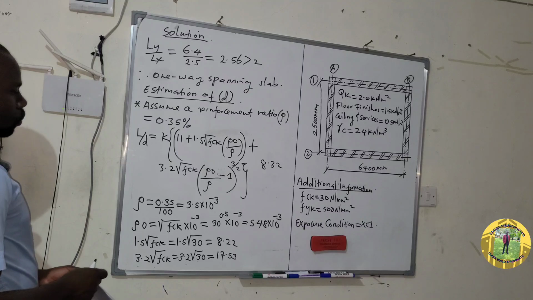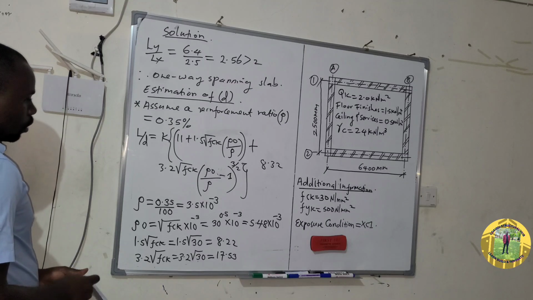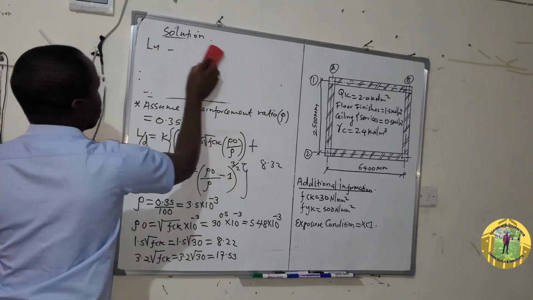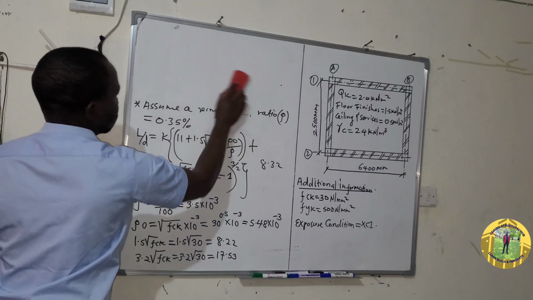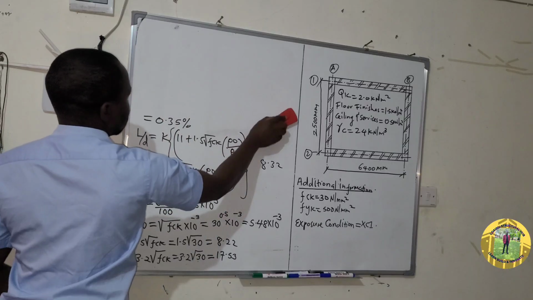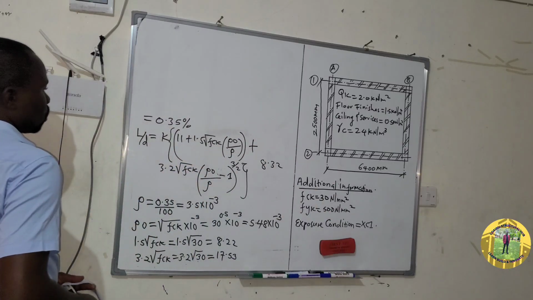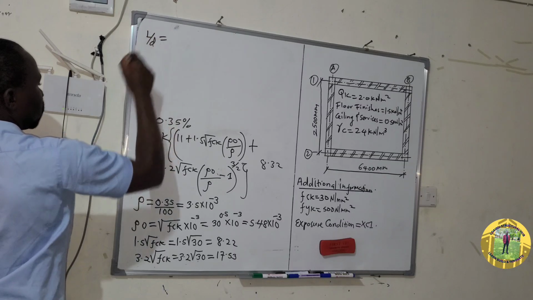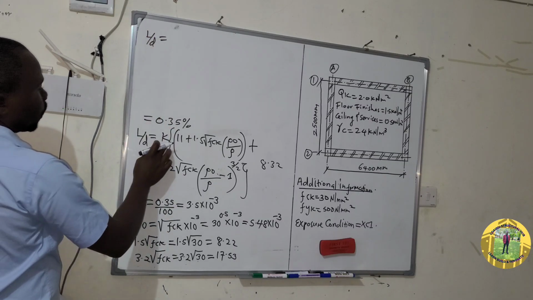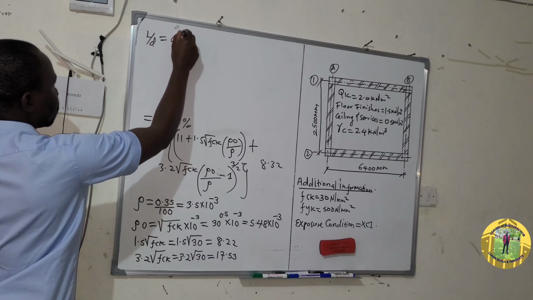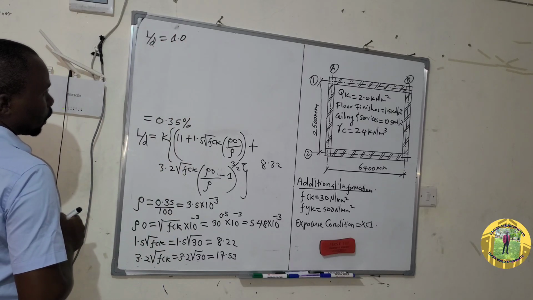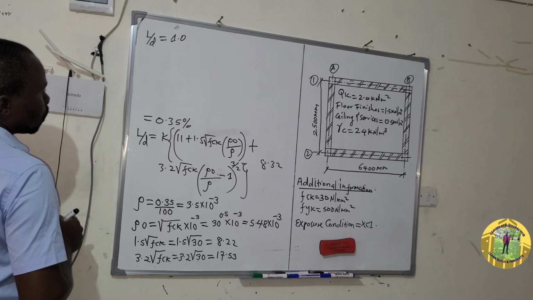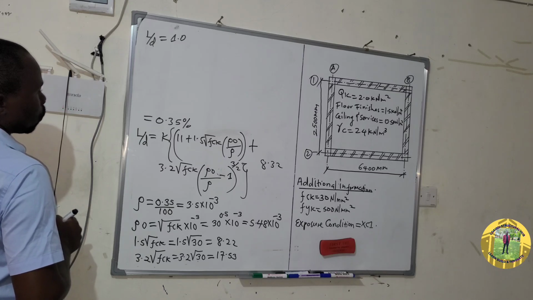insert the known values into the formula. So let's do it. L over D is equal to K. K is 1.0 and it is obtained in table 8.2 or 8.1. I will show you.